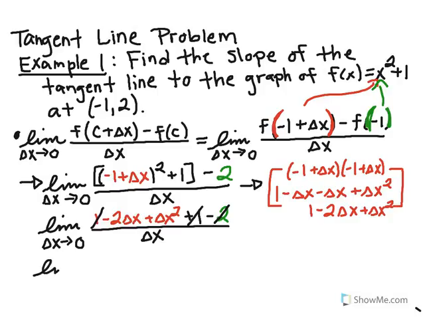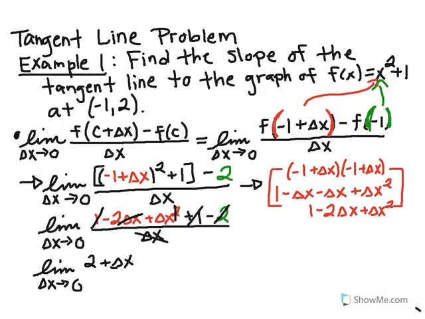So below here, I'm going to, once again, rewrite my limit notation. And if I were to take out a delta x from this first term up here in red, I would just be left with 2. For the second term, delta x squared, if I take out one delta x there, I just have plus a delta x. And in the denominator, if I take away that delta x, that's gone now too.